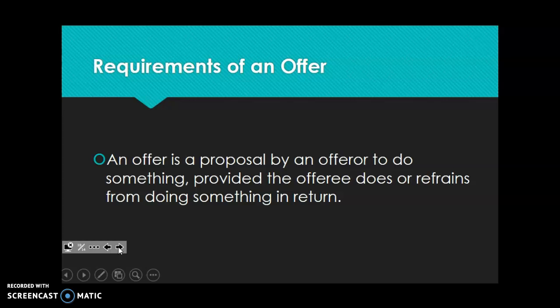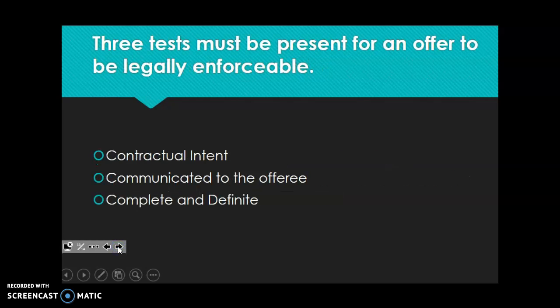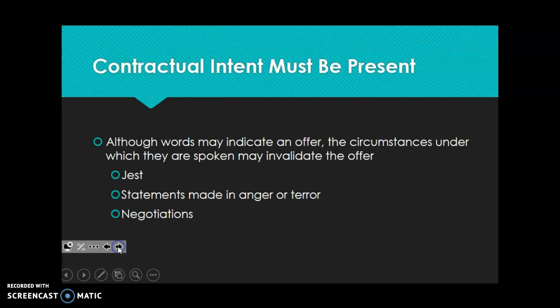So, that's an offer of something in return. In order for a contract to be legally enforceable, there are three things that must be present. One is contractual intent. One is that the offer is communicated to the offeree. And the final one is that the offer is complete and definite.